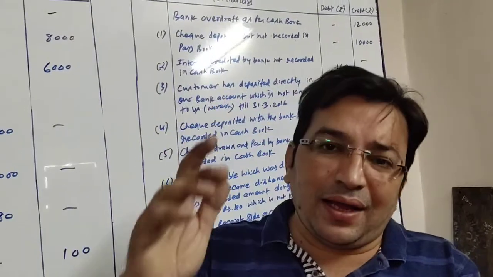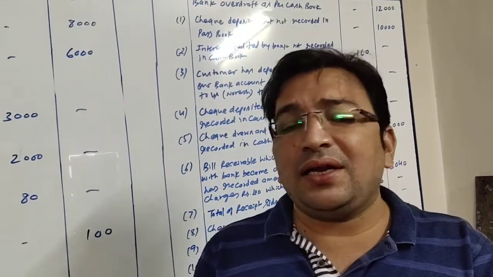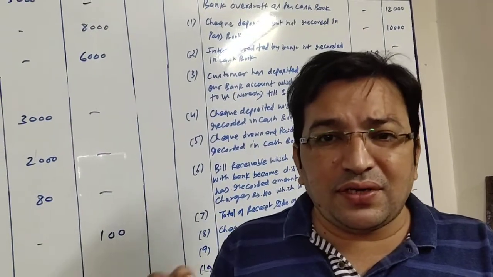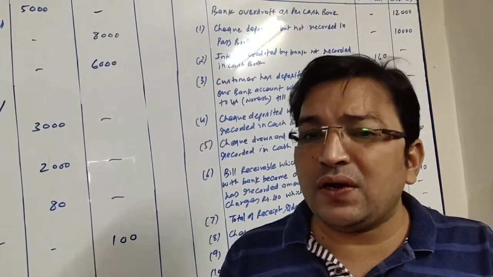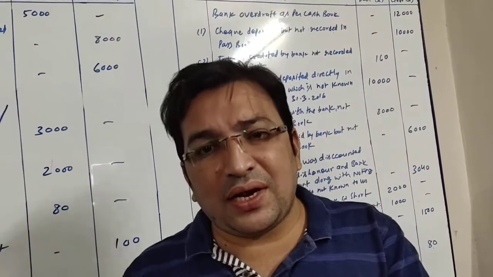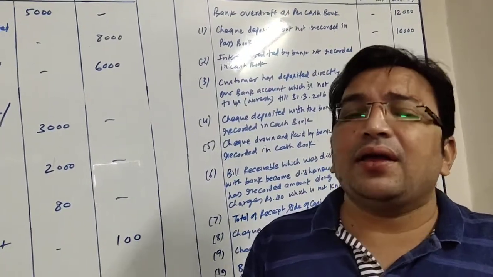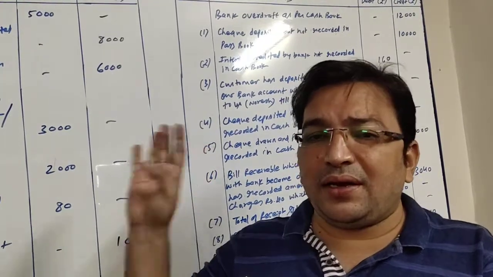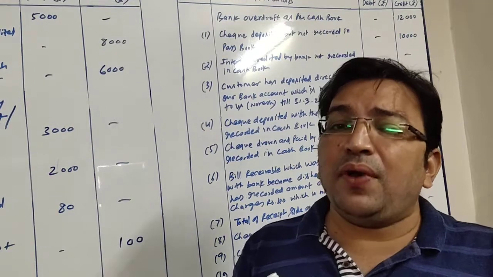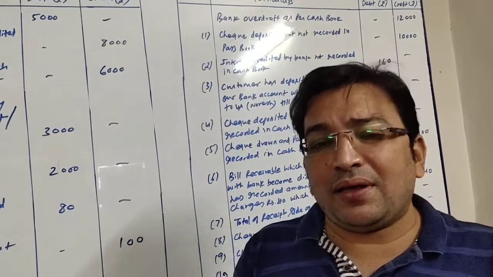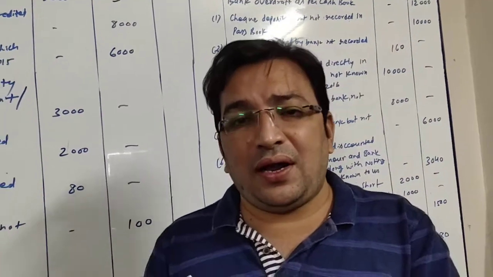So friends, again this is the same situation. Check sent for collection, see, check deposited or check sent for collection, both meanings are almost the same. So here also the check was sent to bank for collection purpose, but it has not yet been collected. It has not been collected by bank and not been credited by bank in our passbook. So when bank collects it and does the entry, bank will be crediting this amount to our account.